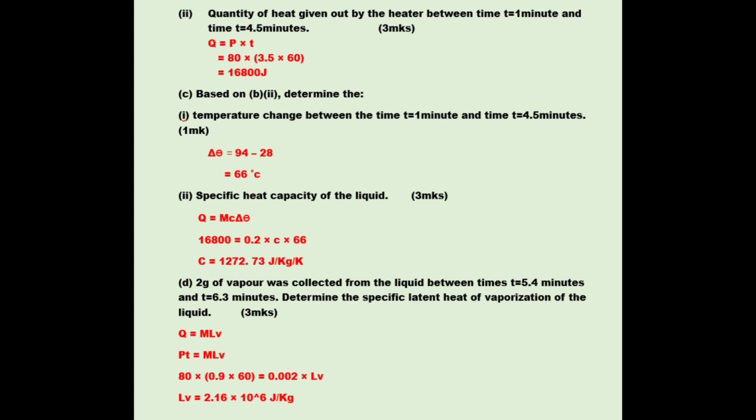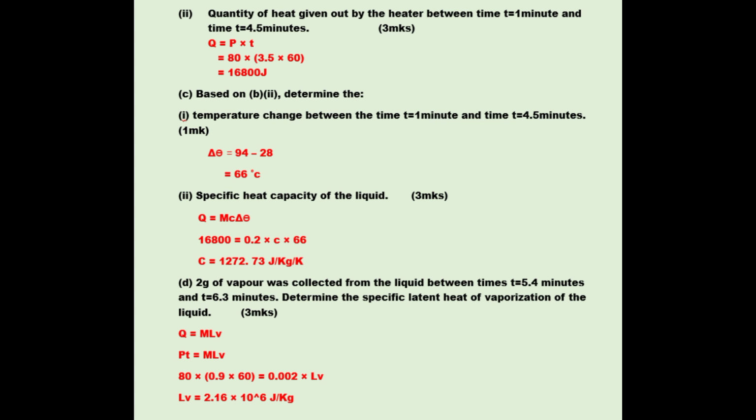Time, if you subtract 6.3 minus 5.4, you get 0.9 minutes, but now in seconds, 0.9 times 60. So 80 times 0.9 minutes times 60 to convert to seconds is the heat supplied by the heater between 5.4 and 6.3, which is equal to the heat gained to vaporize the liquid.